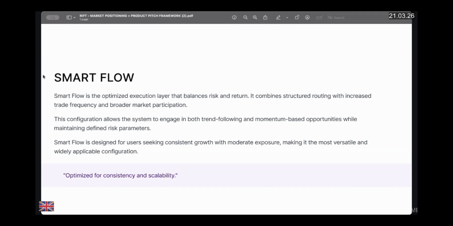Then comes Smart Flow, which is the optimized execution layer that balances risk and return. It combines structured routing with increased trade frequency and broader market participation. This configuration allows the system to engage in both trend following and momentum based opportunities while maintaining defined risk parameters.